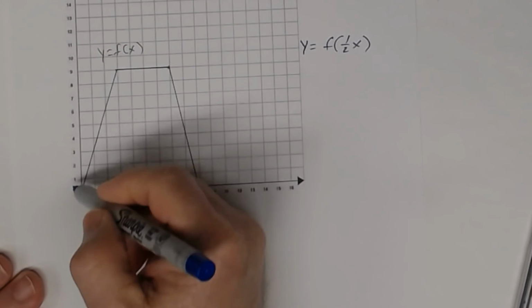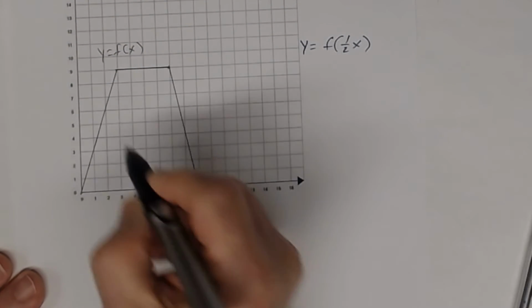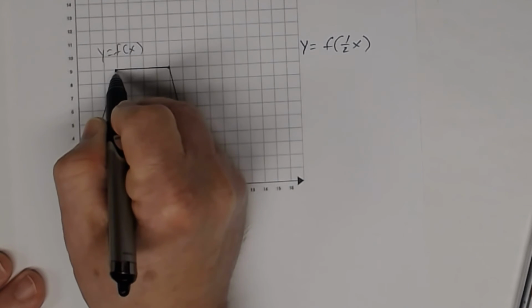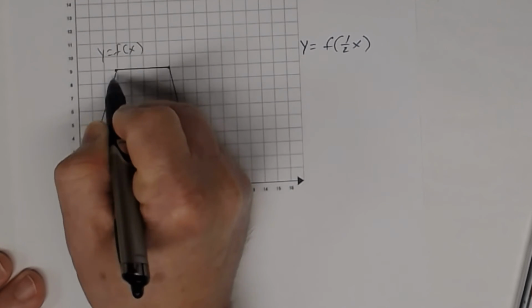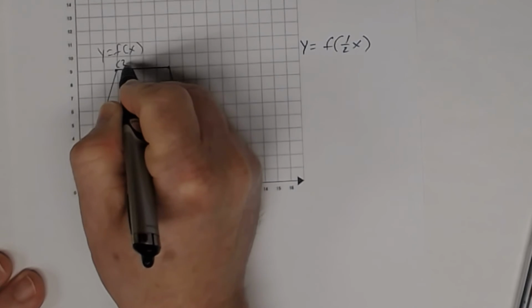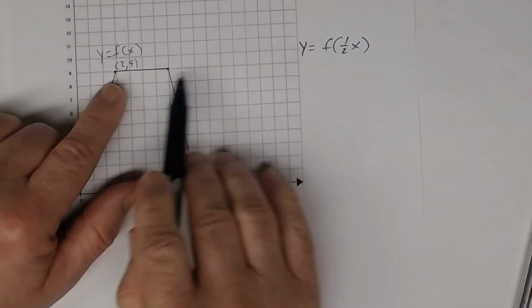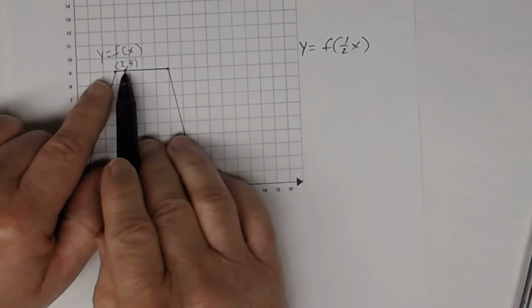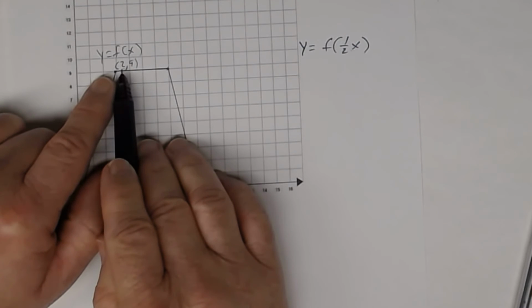Because these are all segments, let's look at this segment right here. So this point is 2, 9. Remember, I take my x coordinate right here and multiply by 1 over k.